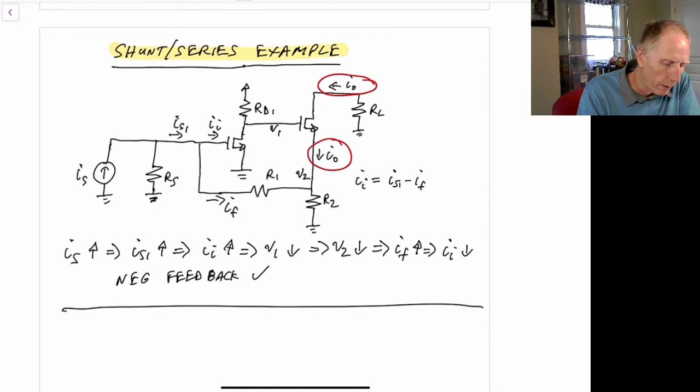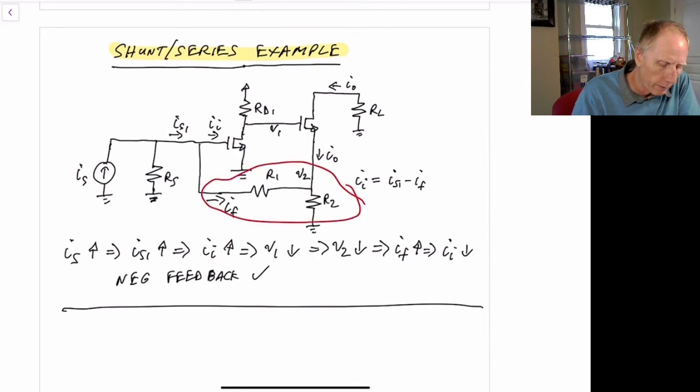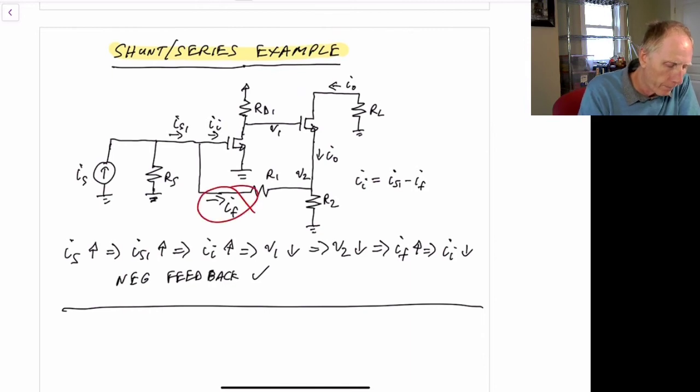So our beta circuit now, or our feedback circuit, is this over here, and it's a current coming into it. So we have I naught coming into this, and that creates a voltage V2, which then will also create a current I sub F over here. So if we look at this case, again, we can look for negative feedback.